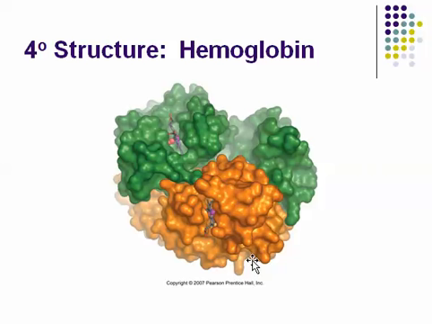There's 4 basic proteins that are coming together to make this protein called hemoglobin. Sometimes we call them compartment A, B, C, D. Sometimes we call them protein 1, 2, 3, 4. It just really depends on how they want to label it. But this is the difference between quaternary structure.